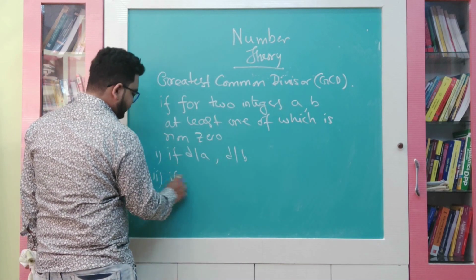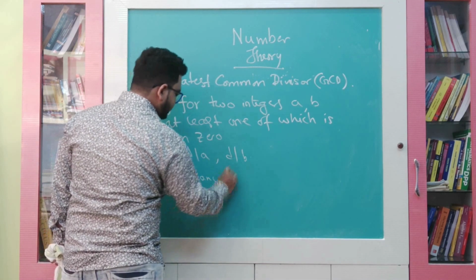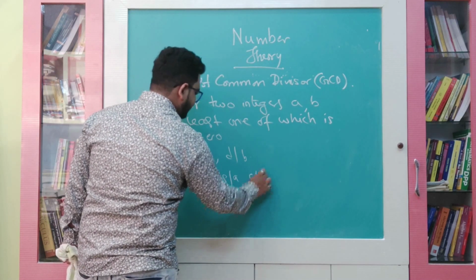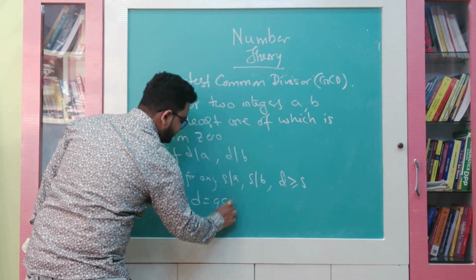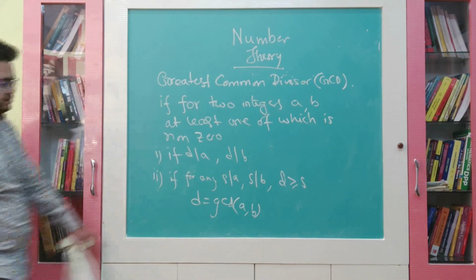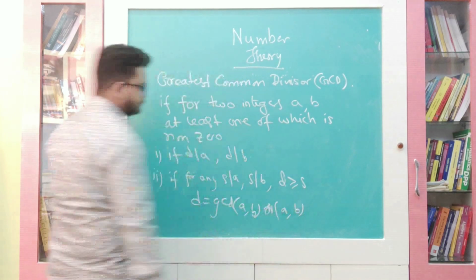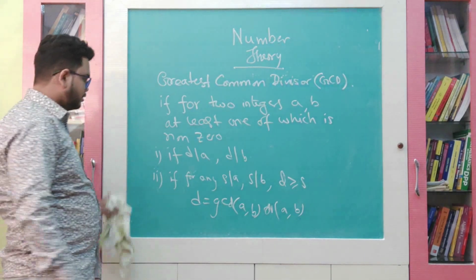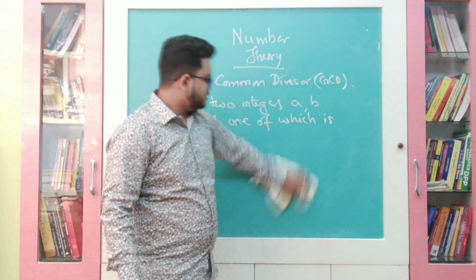Second, if for any s, s divides a and s divides b, then g is greater than or equal to s. Then g equals the GCD of a and b, also denoted by (a, b). Okay, I'm erasing it. Please pause the video and write it down if needed.